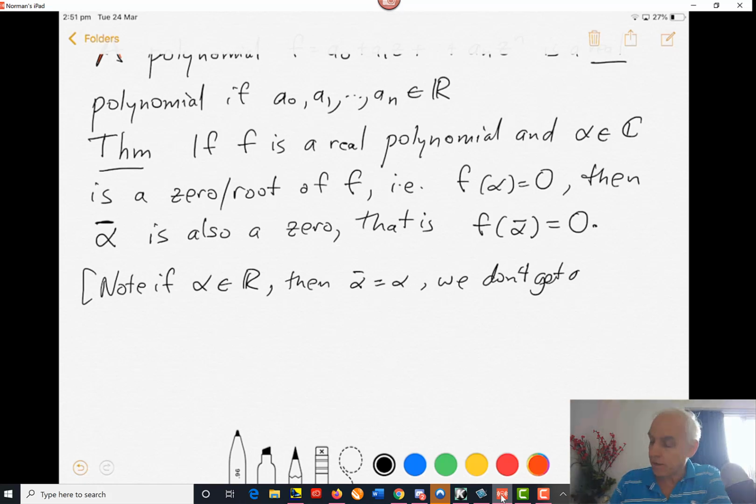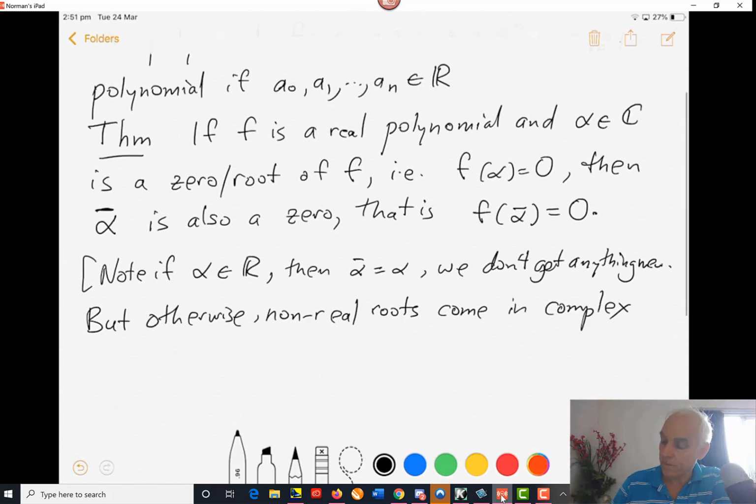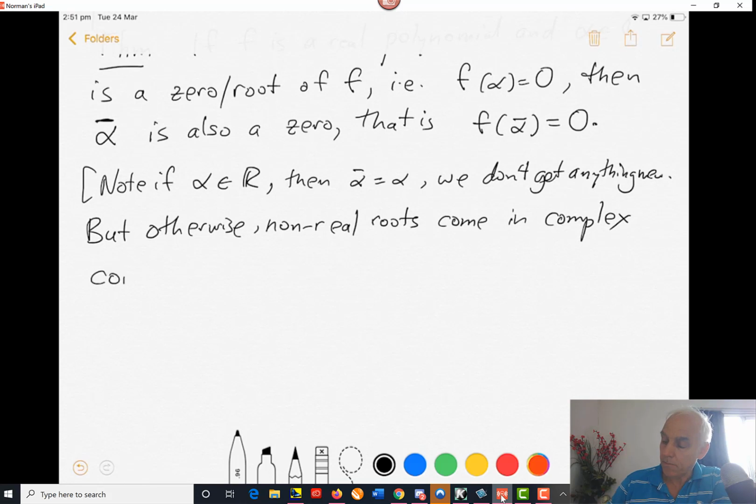But otherwise, the non-real roots come in complex conjugate pairs.